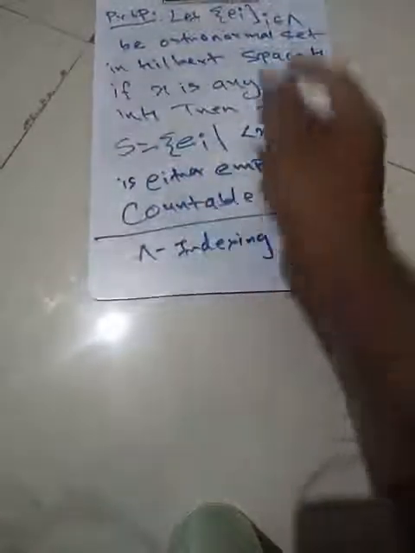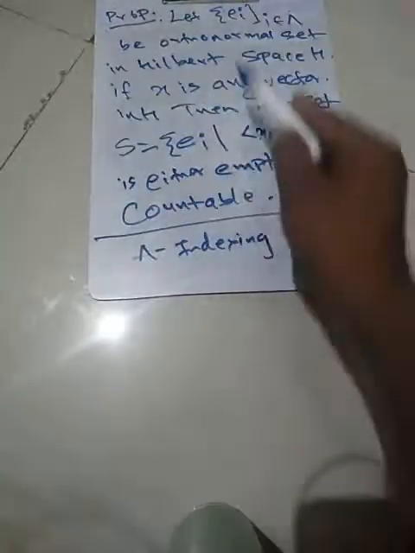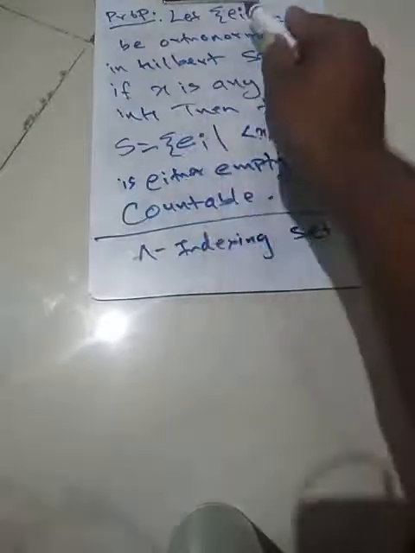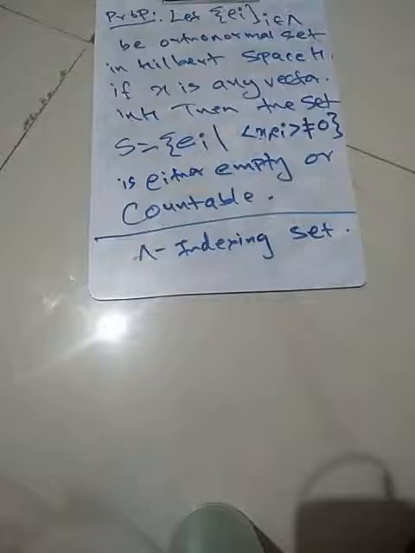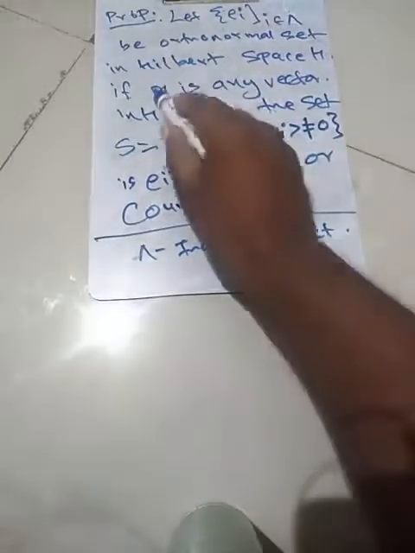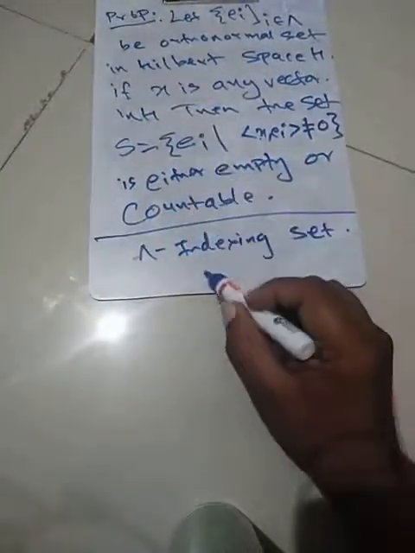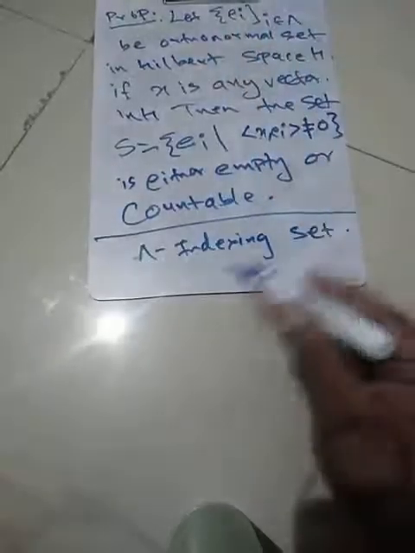From this indexing set, these e_i are there, each of these e_i in H, of course. So S is the collection of those e_i for which the inner product with x is non-zero. So S is clearly a subset of this set.